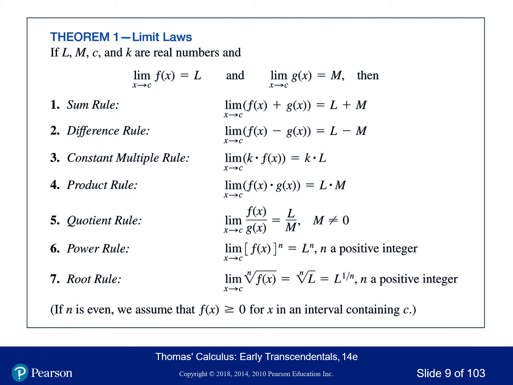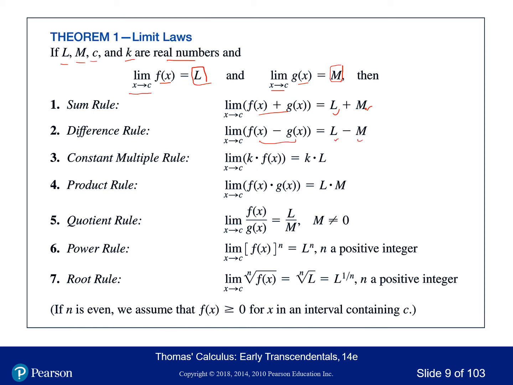Pretty much, if we assume that we have L, M, C, and K from the real numbers, then let's define limit of f of x as x goes to C, and we say it's equal to L, the constant L, and limit of function g of x as x goes to C equal to the constant M. Then the limit of the addition of the two equals the addition of their limits. The limit of the subtraction of the two equals the subtraction of the limits.